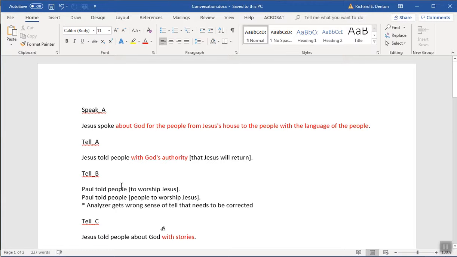Tell B also has indirect speech. Paul told people to worship Jesus. Now, unfortunately, the analyzer gets it wrong no matter how I input this. So this is something that really ought to be fixed.